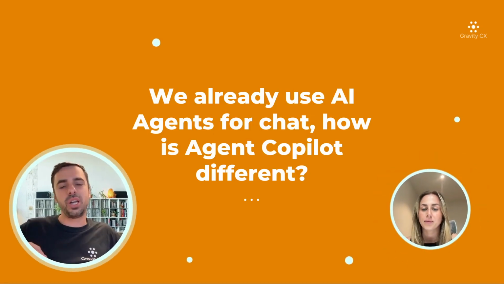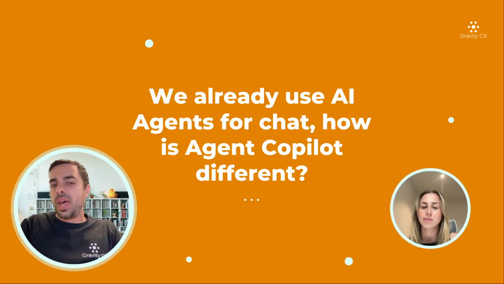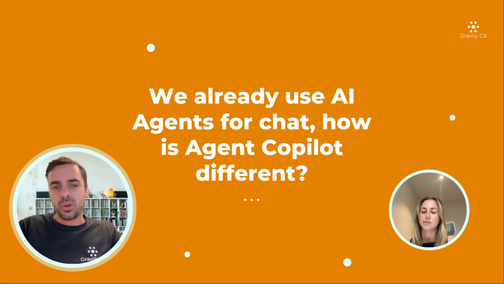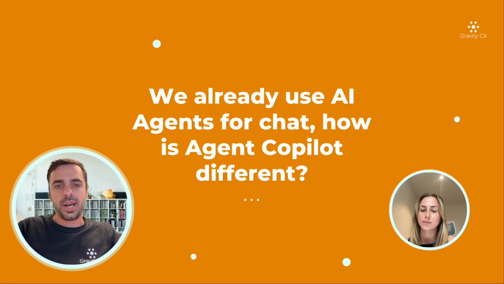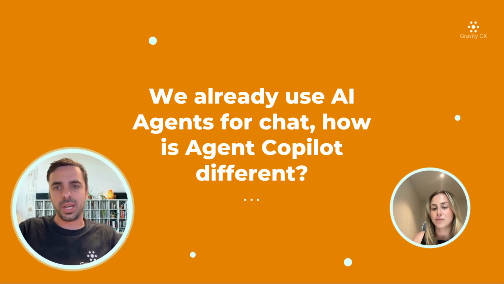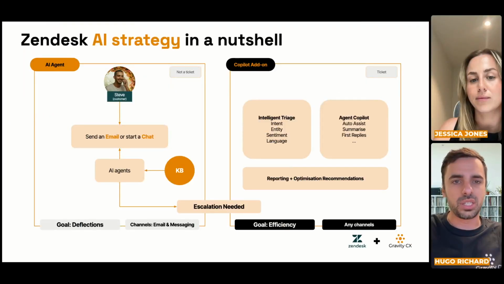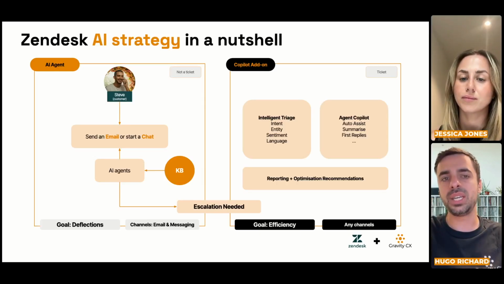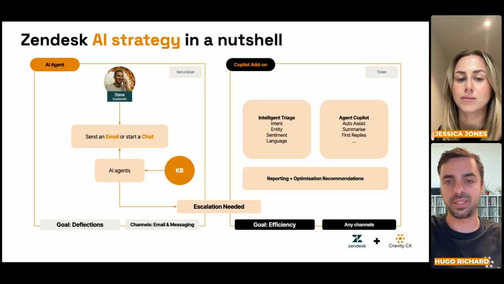Yeah, that's a good question. Look, if I go back to this slide that I had in the beginning, AI agent is really here to deflect and not have a ticket in the first place.